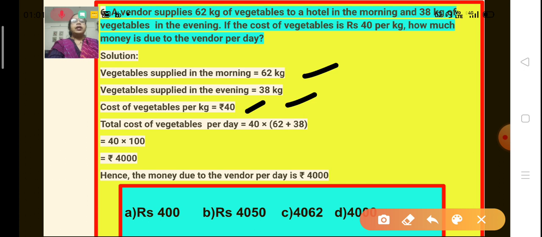The total weight of vegetables that he is selling is 62 plus 38, that is 100, and 40 is the cost per kg of vegetables. So 40 multiplied by 100, we get 4000.